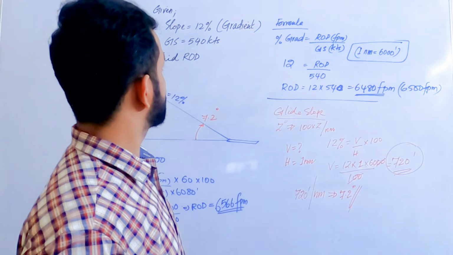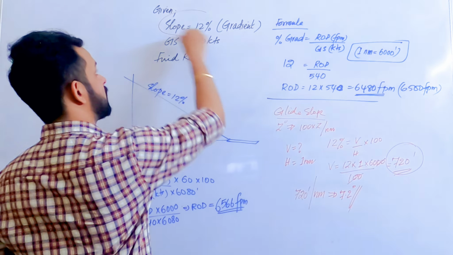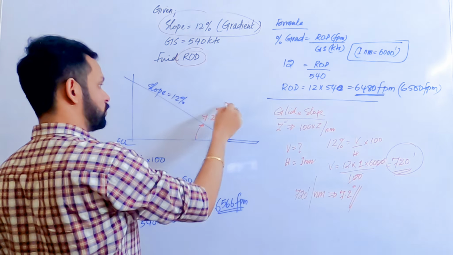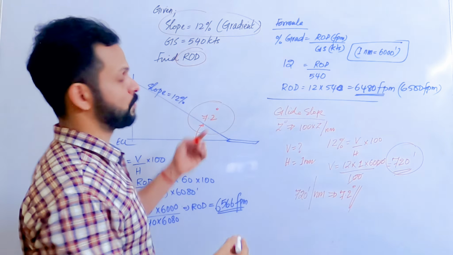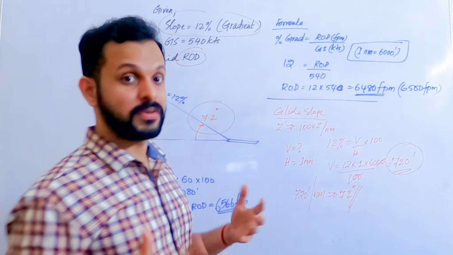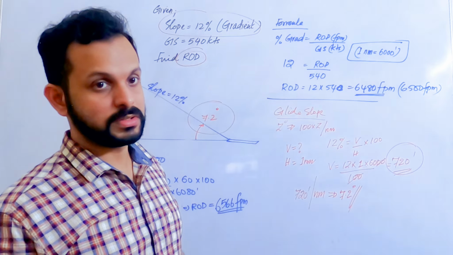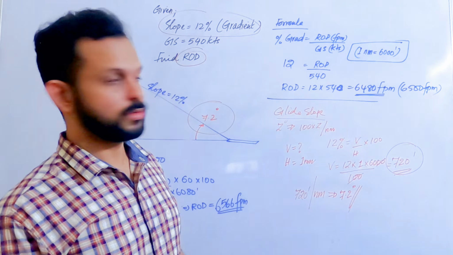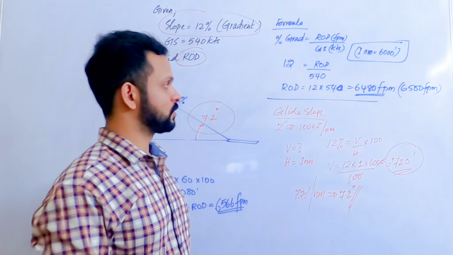In this question, we started off from a gradient, went through rate of descent, and also went through height on a glide slope and found the glide slope. Everything can be brought into a single question. It's not different, that's what I'm trying to say. You can interconnect all these things because it's all connected. You can just copy this also and very quickly find the glide slope.